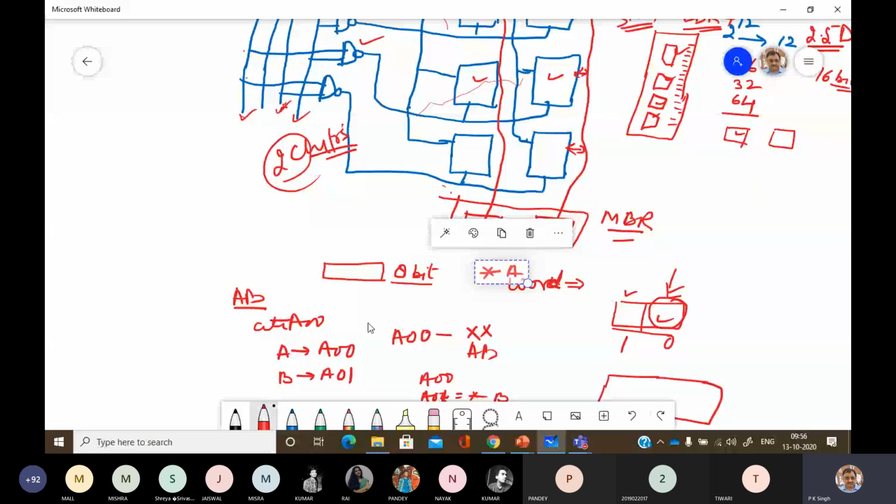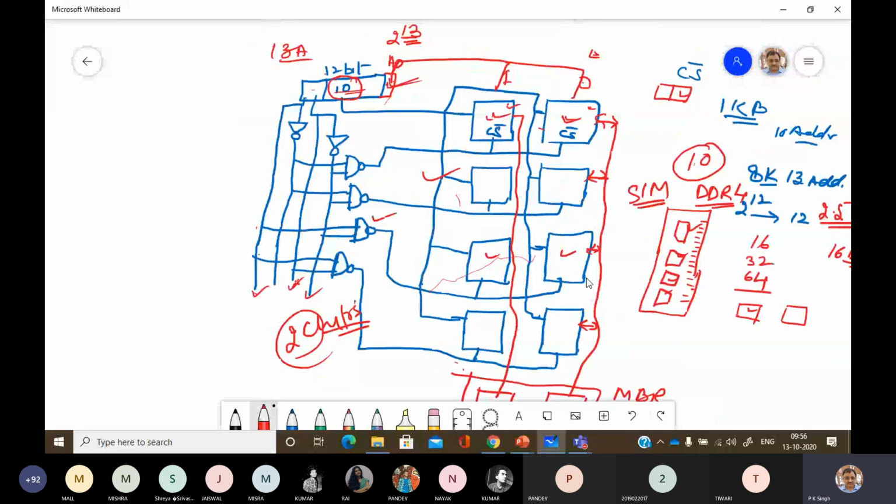So what you can do is first leave A0 and just consider A1 to A10, these address lines.